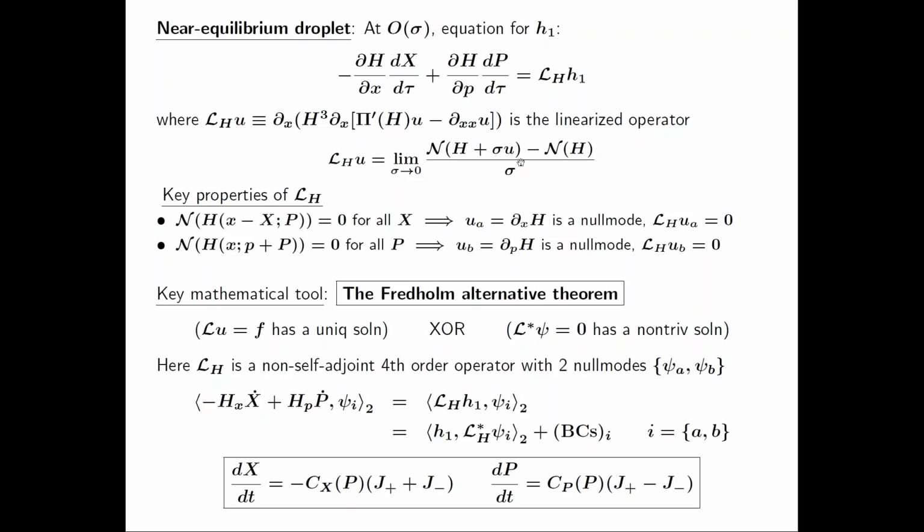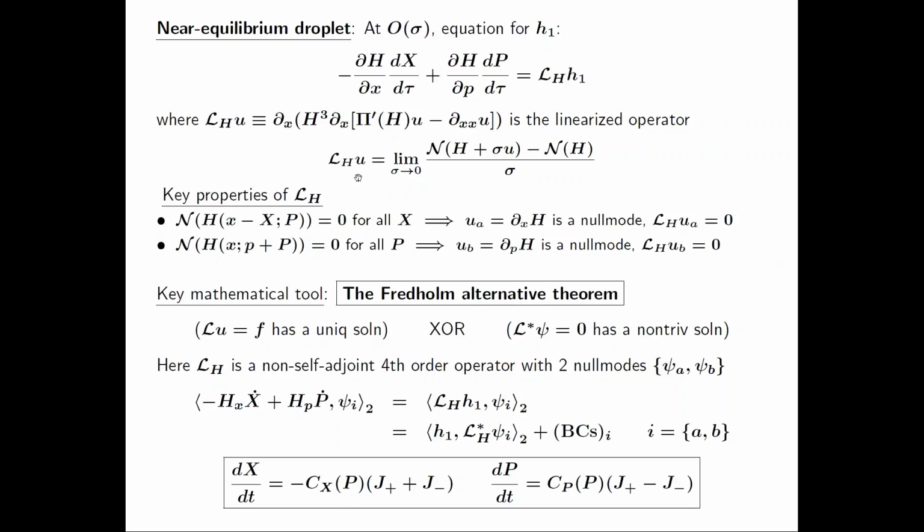So my spatial operator is the Frechet derivative of the nonlinear operator. And I need to think about what the properties of this linearized operator are, linearized around the droplet state. I know that the translations of the droplet are all solutions for any position.